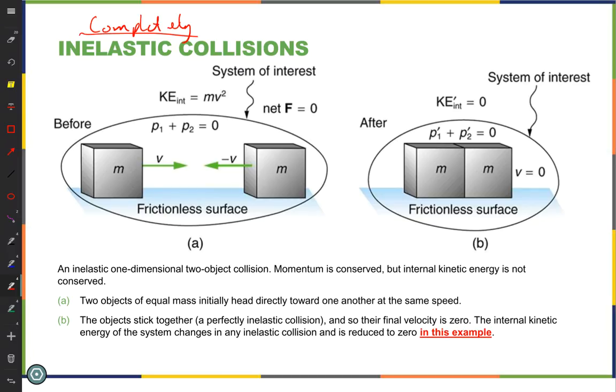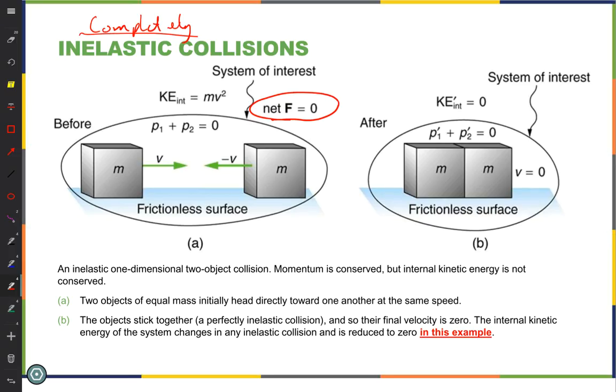So in that case, the kinetic energy changes. This picture here shows your system with the net force acting on the system of 0. And it says kinetic energy internal is mv squared. What's the equation for kinetic energy? 1/2 mv squared. So why does that say mv squared? Because there are two masses that are both m and both moving at speed v.